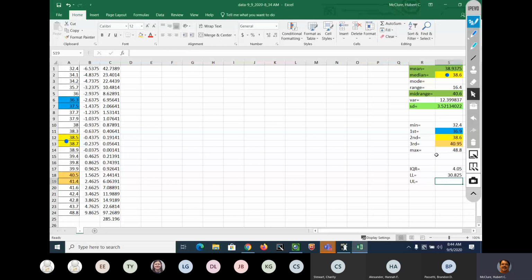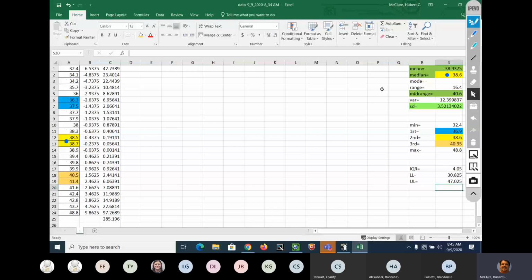And this is going to be Q3 equals Q3 plus parentheses 1.5 times interquartile range, close parentheses. Okay, now I'm going to show you what all this means.